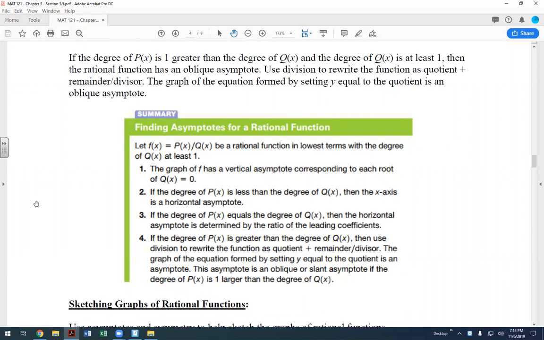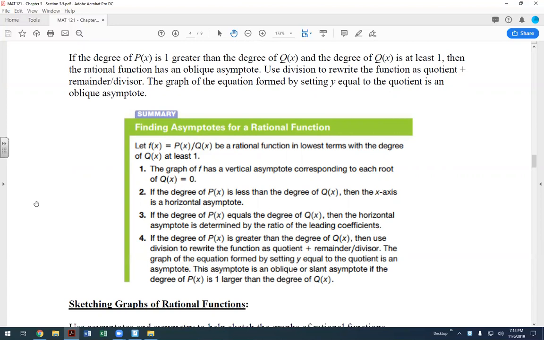If the degree of the numerator is equal to the degree of the denominator, then it's going to be the ratio of your leading coefficients, right, where your x terms are.